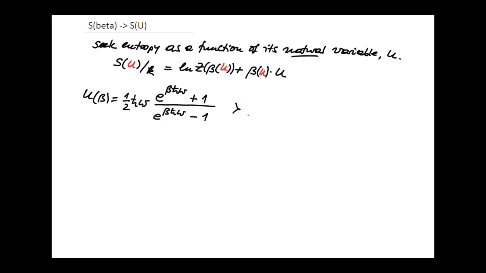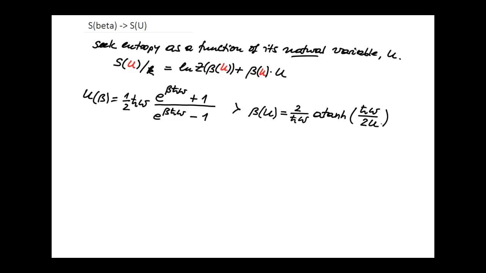This gives us beta as a function of U. I hope you trust me, but you should verify for yourselves that this is 2 over h bar omega times the inverse hyperbolic tangent of h bar omega over 2 times U. So this is the first step, that we invert and solve for beta as a function of U, and this gives this formula here.